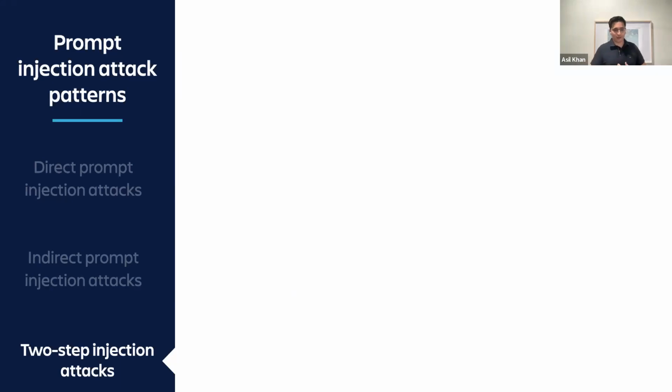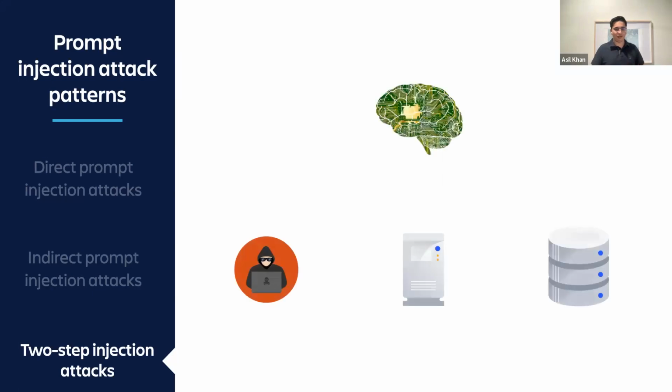There's also two-step injection attacks, which are a bit more interesting, where you have an application that calls out to an AI like ChatGPT and then stores that result in a database or displays that result to a user.